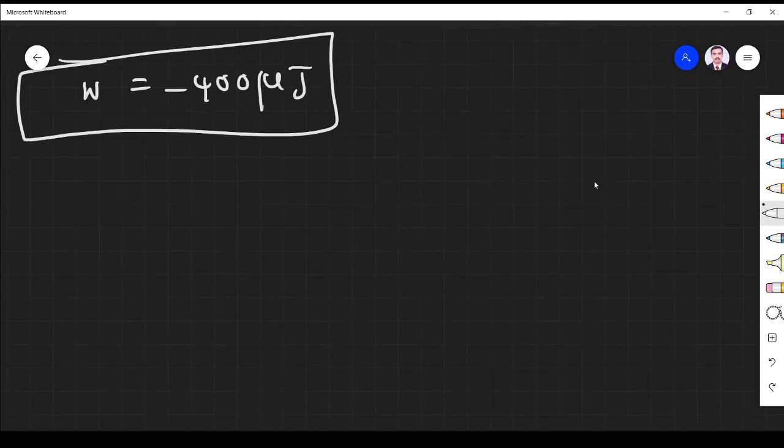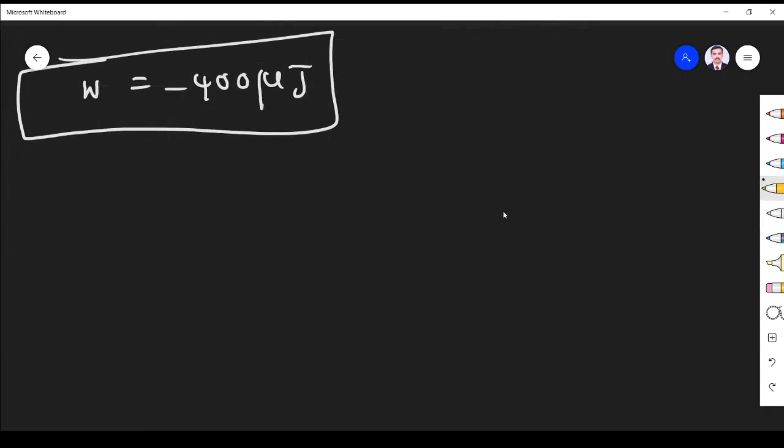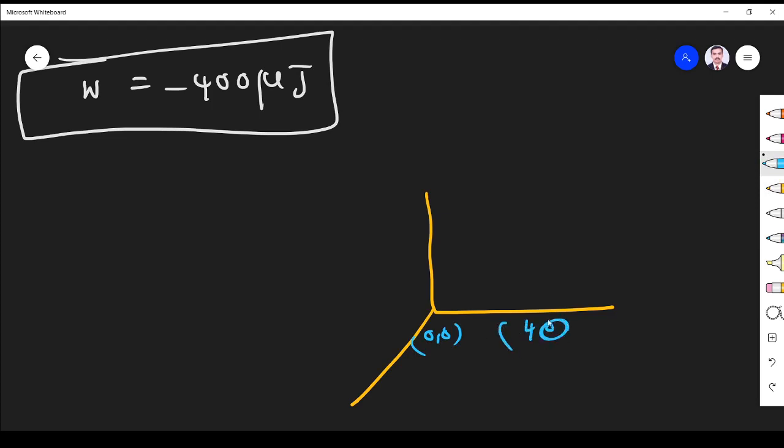Now the real beauty of the problem, right? First, we moved from (0, 0, 0) to (4, 0, 0). What is the amount of work done when we move from here to here?